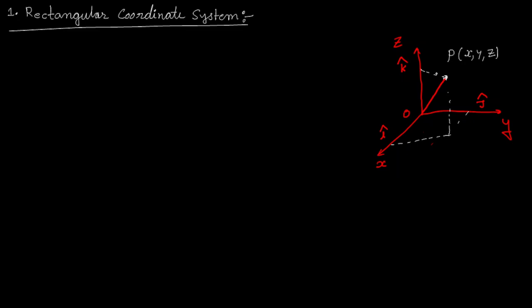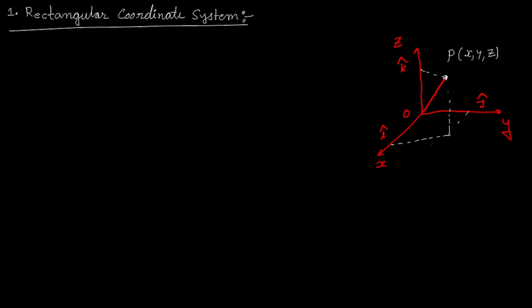Once we know the coordinates of any point P with respect to this origin, and we also know the unit vector associated with each axis, then we can define the position vector of this point with respect to this origin.